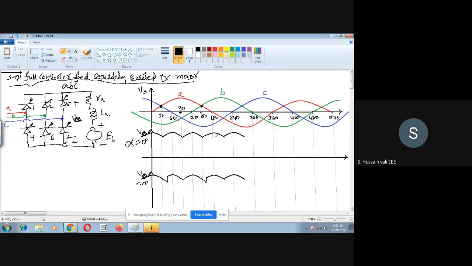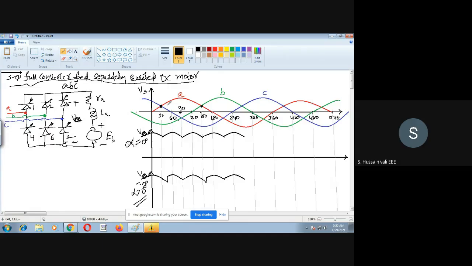So likewise, you can draw the remaining waveforms also for alpha greater than zero. Similarly, for alpha 60 and alpha 90 also you can draw.